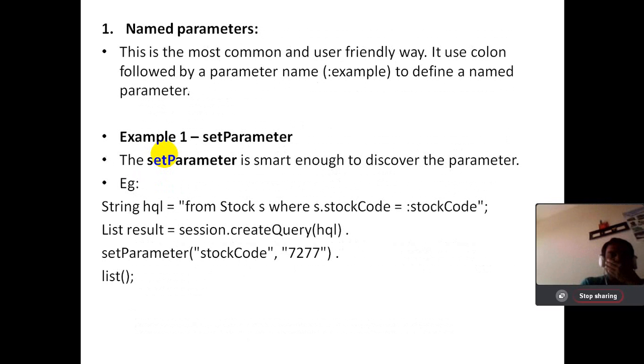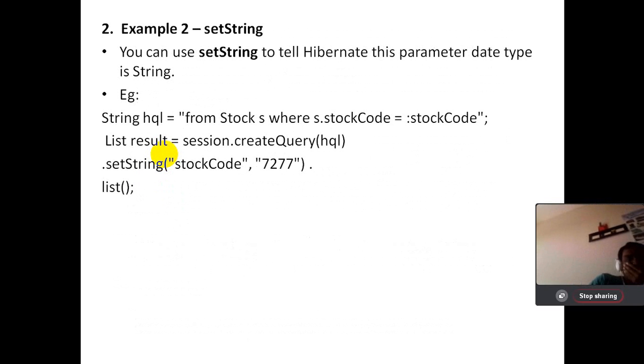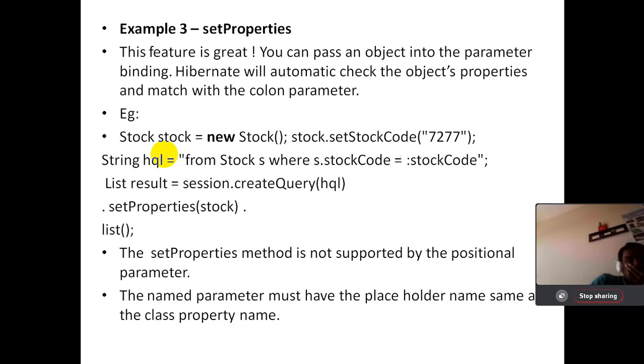And we have seen setParameter, setString, setInt, setFloat kind of examples. And this example we have not seen. I have just mentioned this setProperty. We could directly set the property in a query, but there's one condition to be met if you want to use this.